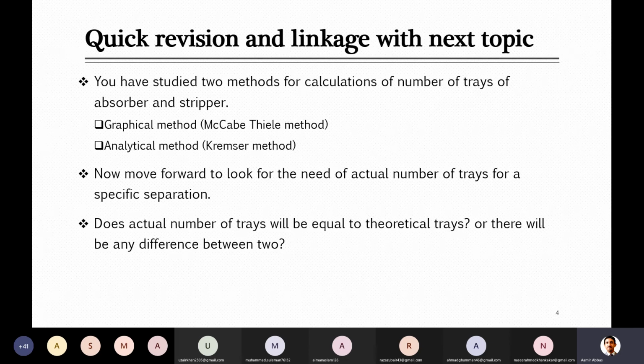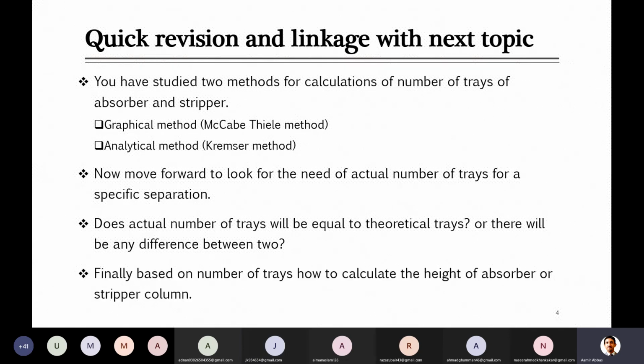Ideally they should be the same, but in real cases they are different. If they are different, which one will be higher in number, theoretical or actual? I think actual will be required in higher number. Yes, as compared to theoretical, you actually require more, and that is linked with the efficiency of trays.